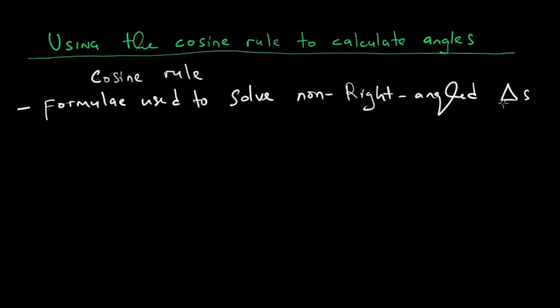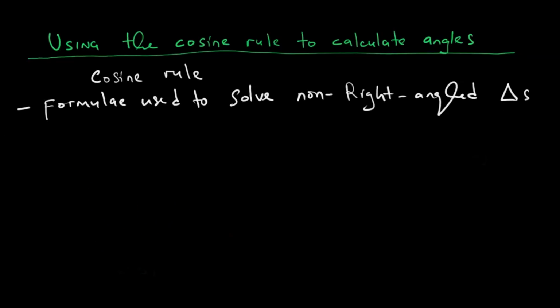So, the cosine rule, we mainly have three formulas. The plural of formula is formulae. So this is a set of formulas which we use to solve non-right angled triangles.